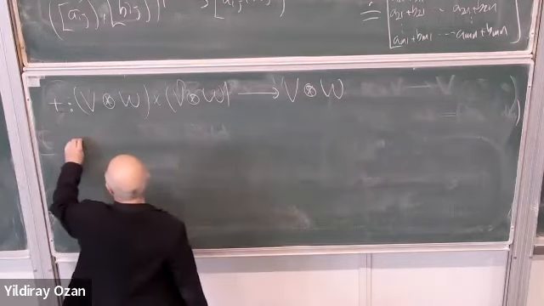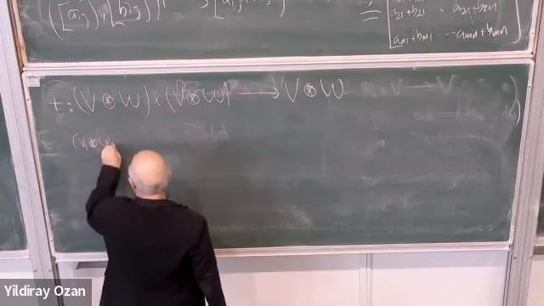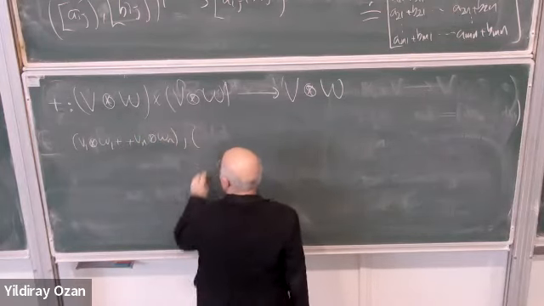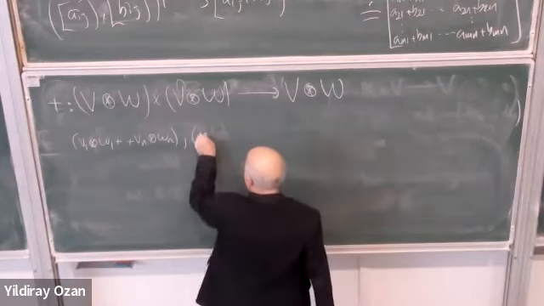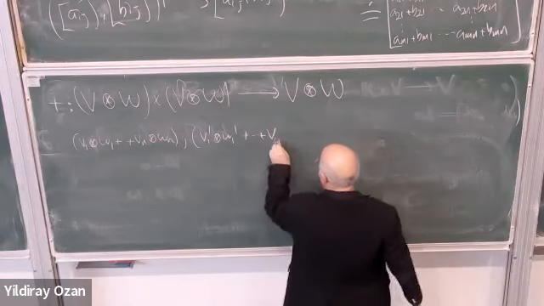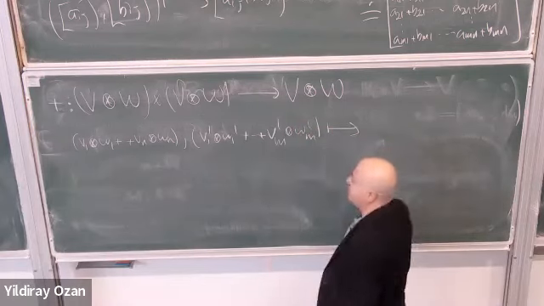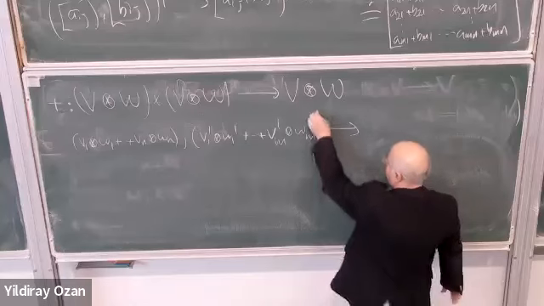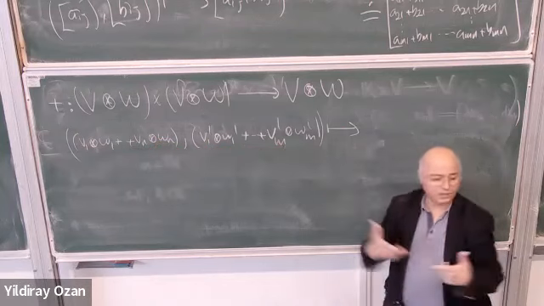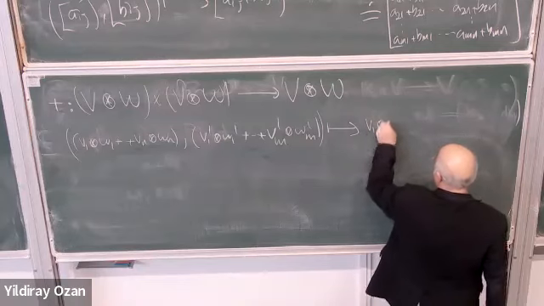So I take two finite sums and I send them to some other finite sum. So if this is, let's say, V1 tensor W1 plus and so on up to Vn tensor Wn, and this is V1 prime tensor W1 prime plus and so on up to Vm prime tensor Wm prime, I just send these two elements to the following. This is a finite sum, this is a finite sum. I just add them up.